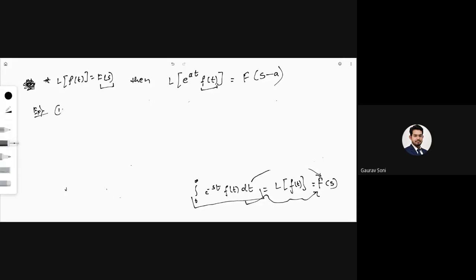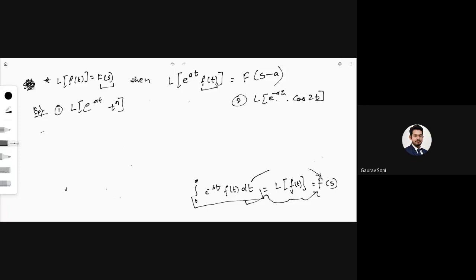The first one: find the Laplace transform of e to the power at into t raised to n. Second, Laplace of e to the power minus at into cos of 2t.